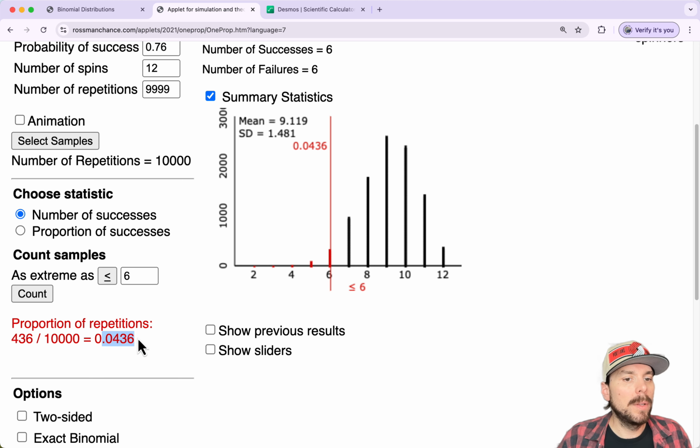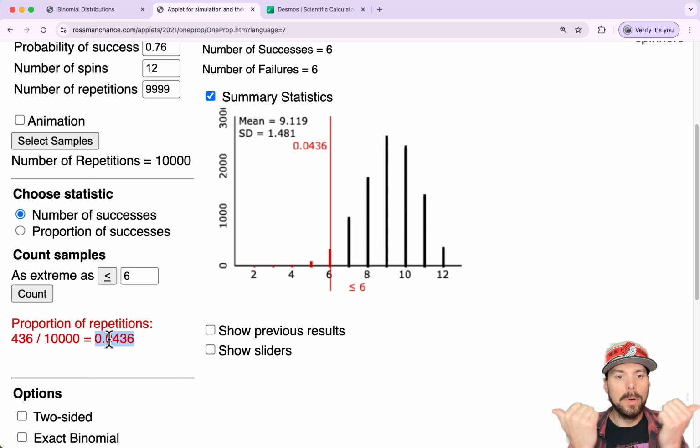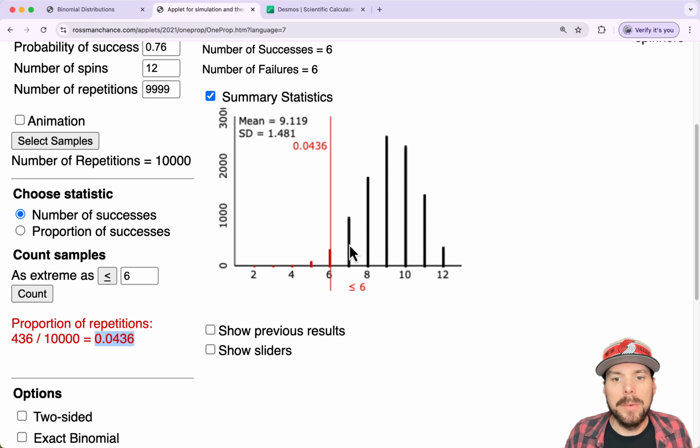However, if I set the level of significance at 5%, 0.05, we are under that level of significance. We're sort of in a smaller tail. We're more towards the outside, and this gives us more evidence that we're outside of that usual range we would expect, probably from 7 to 11, or maybe 7 to 12, depending on our level of significance there.